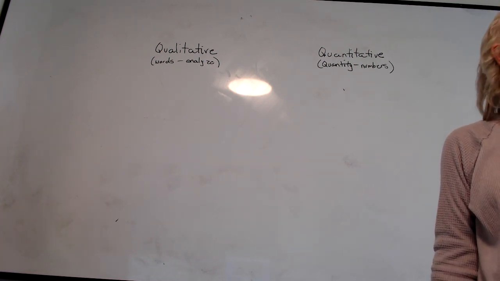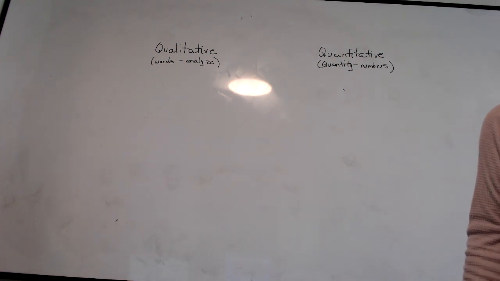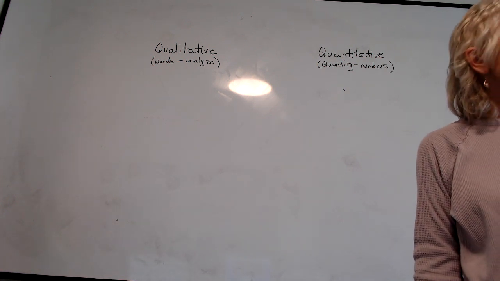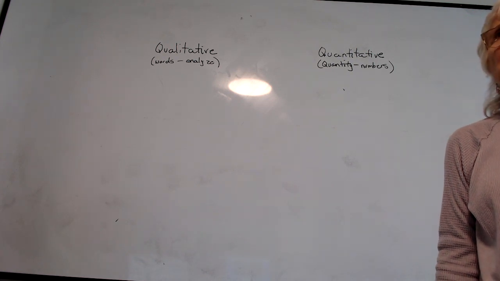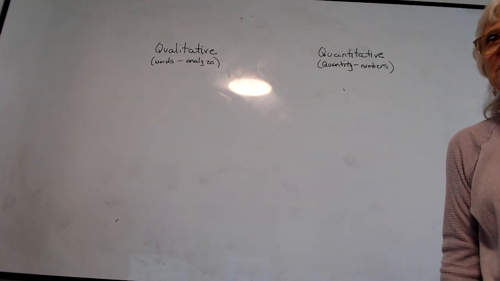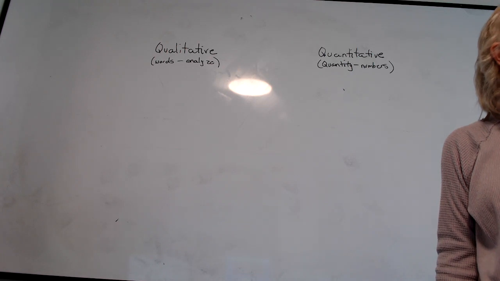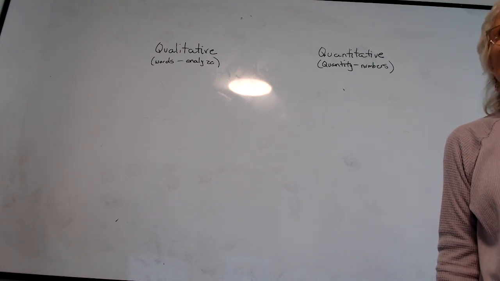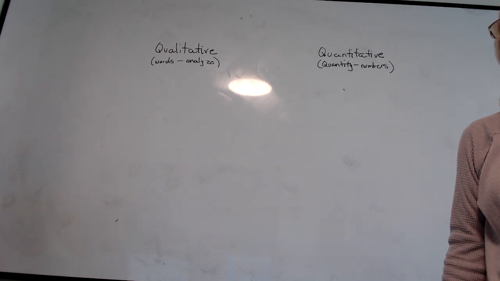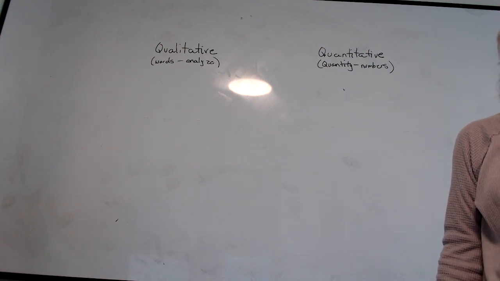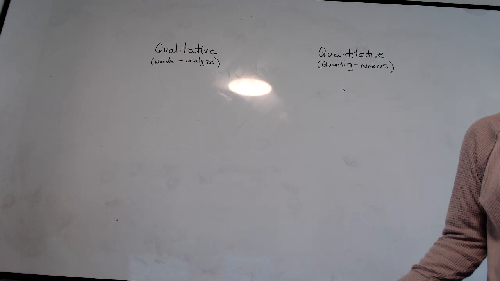If we're talking about qualitative, one of the things would be maybe what is it made of? Because we're answering that with words, right? Is it metal? Is it plastic? Is it wood? Is it processed wood? Okay, that would be a description, but it's a word descriptor.